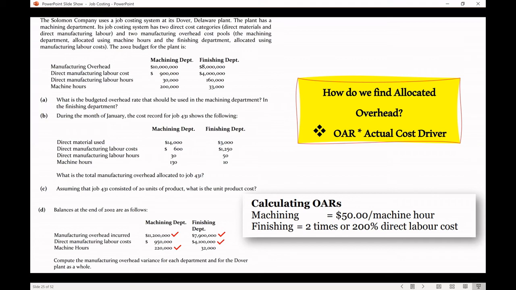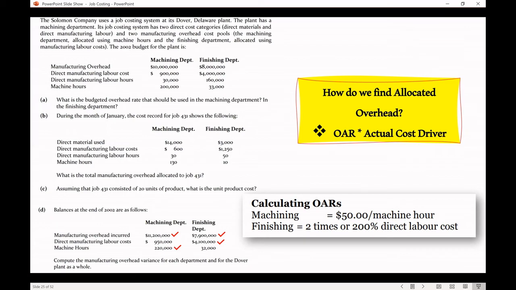Then we go to do our finishing department. Its OAR is 2 times, so 2 times 4.1 million would give you 8.2 million.